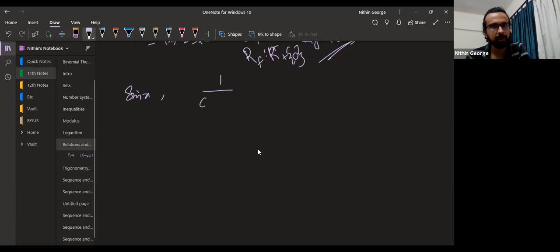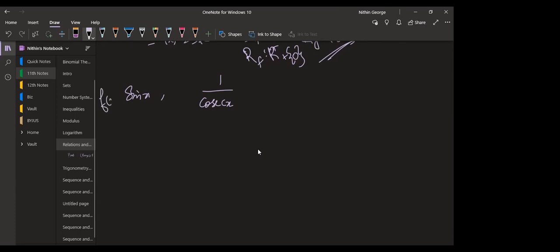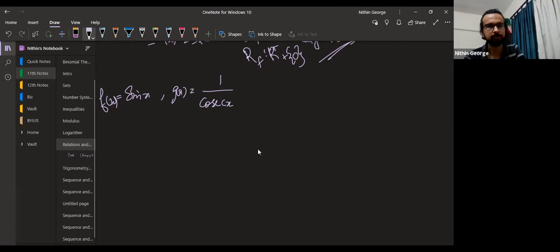Sin x and 1 by cosec x. What about these two? Are they identical? Yes, sir. f of x equal to sin x and g of x equal to 1 by cosec x. Are they the same? Yes, sir.